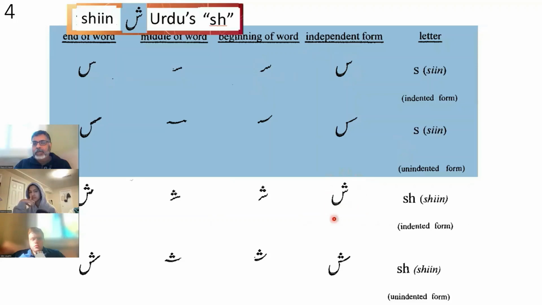This is the letter we'll be focusing on, sheen, at the beginning, in the middle, and when it shows up at the end. Now, they're also showing a second way of writing sheen. In the second way, you don't make those little cups, those little valleys and hills.